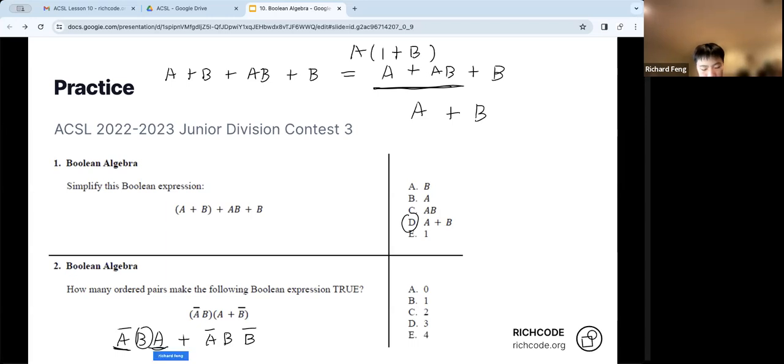So it doesn't matter what the value of B is, this whole term is 0. Same thing, B and not B, whenever you're anding something and its complement, it will always give you 0.